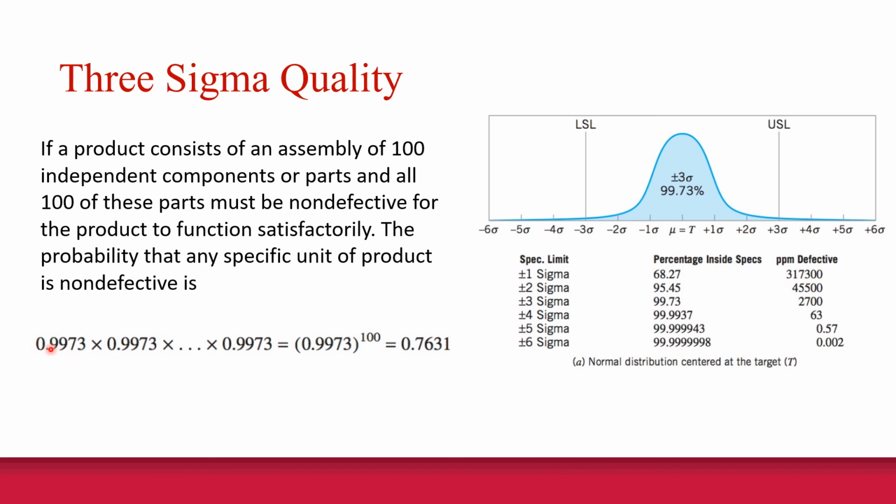But if you link them all together, basically you have 0.9973 raised to the 100, because remember, we're talking about a product that has 100 independent components. If you multiply those out, you come up to 0.7631. So the probability that a product is non-defective is basically 76%, which isn't so good, right?